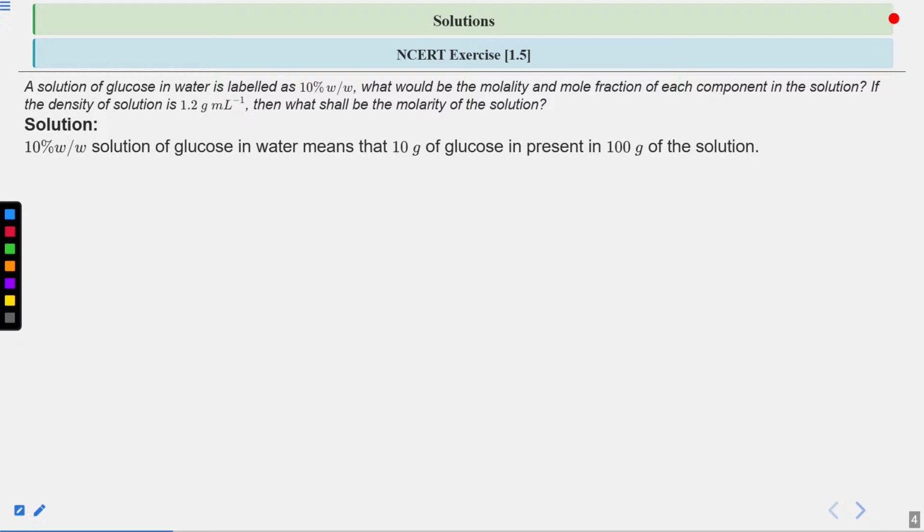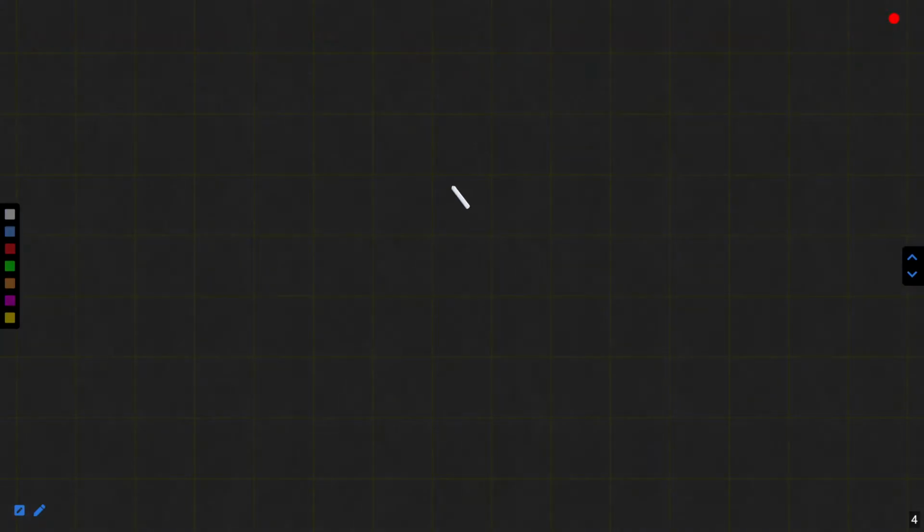So for partial association and partial dissociation, the formula goes like this. Alpha is equal to (i minus 1) by (n minus 1). This is for dissociation.